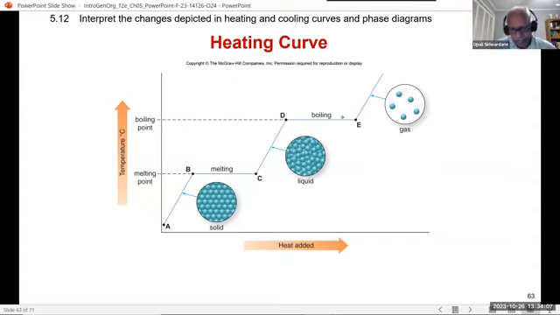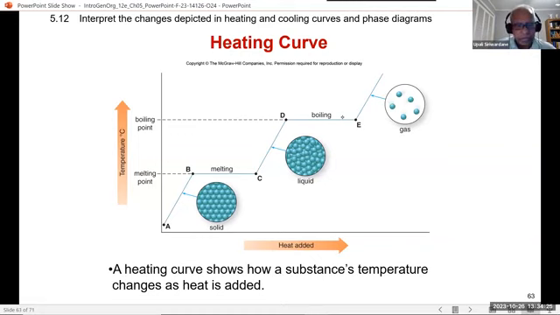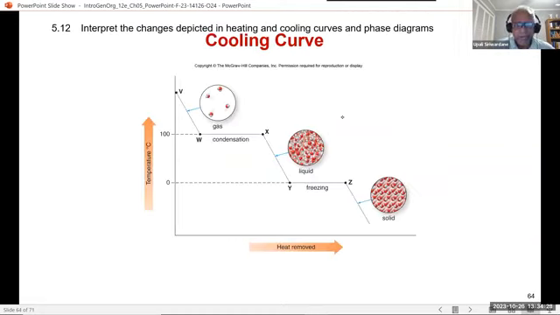A cooling curve is the opposite. If you put a mirror next to the temperature axis, the y-axis, you will get a reflection of this curve, called a cooling curve. This is exactly a reflection of that other graph, but the diagram is a little different. They're showing the solid ice, liquid and the gas steam here.